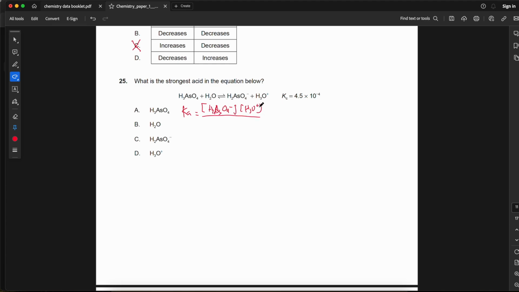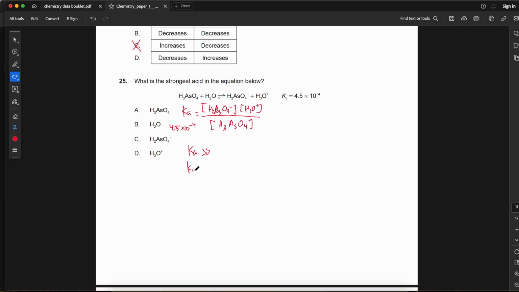H2O will not give any effect, so that would be only H3AsO4. And the Ka is 4.5 times 10 to the power -4. If Ka is relatively large, okay, the acid dissociates more completely, so it will be a stronger acid.